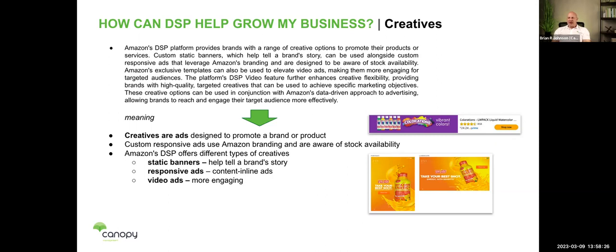But the creatives that you can do with DSP are certainly more in-depth and more customizable than what you're going to get through native PPC ads. Not just static banners, but you've also got responsive ads and content inline ads. In other words, you can have a number of ad creatives and it'll automatically put in the ad that is most relevant to the context, the website, so you're not running the same product image.